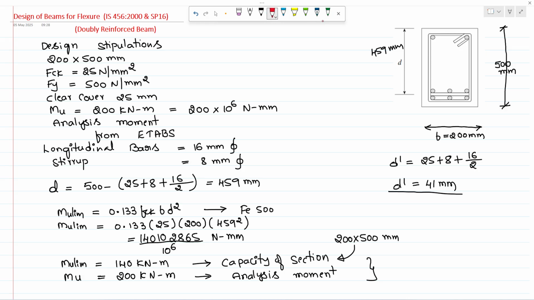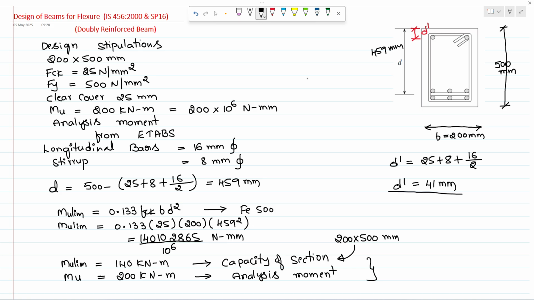This is your d dash from the concrete face to the centroid of compression reinforcement. How is it calculated? 25 clear cover plus 8 mm diameter stirrup plus half of the longitudinal bar diameter. So d dash is 41.